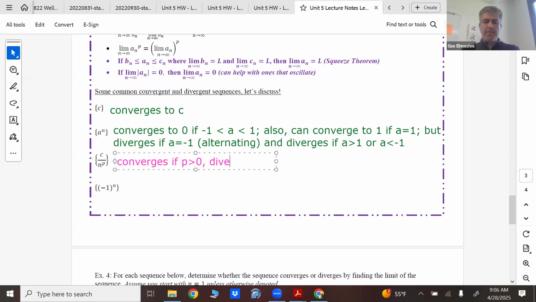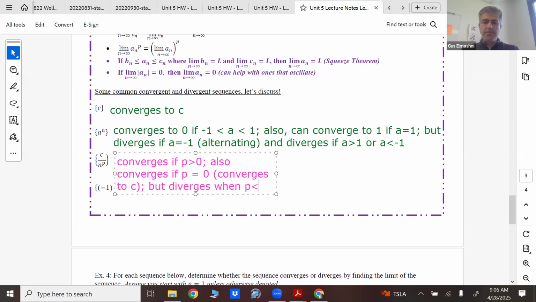Actually, let me rephrase that. It also converges if P equals 0, because the base will be 1. But it diverges if P is less than 0, because you'll have a negative exponent.